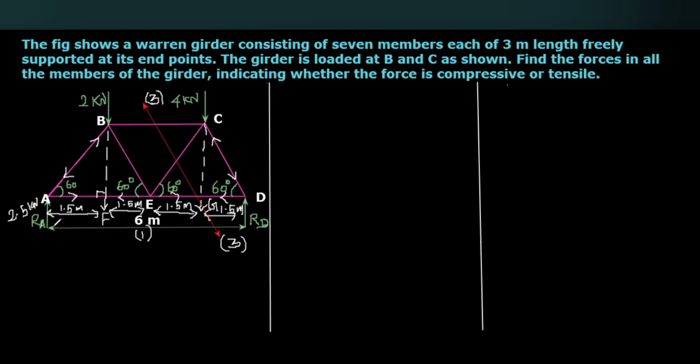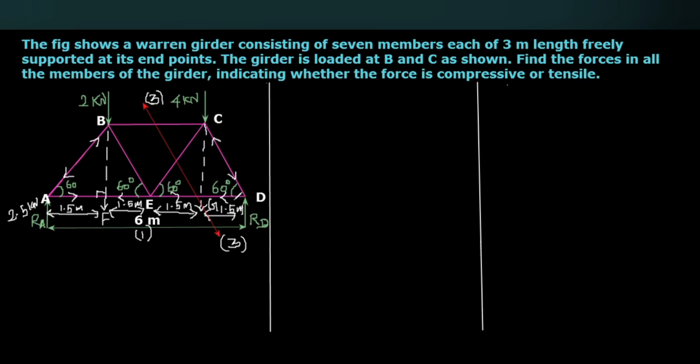The 2 kilonewton or A, which are all acting outside the considered portion, those point loads we don't want to consider.